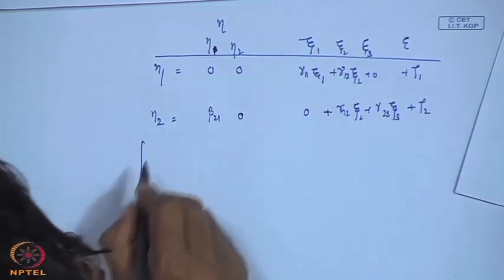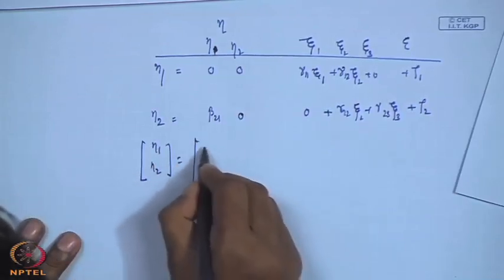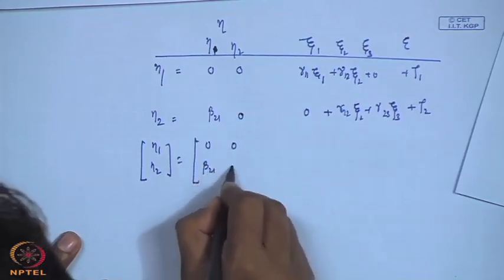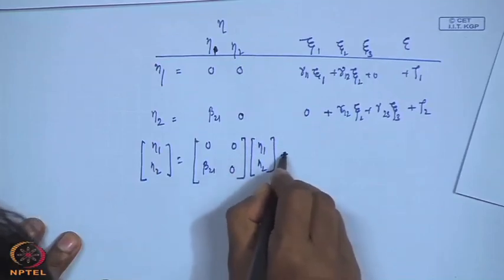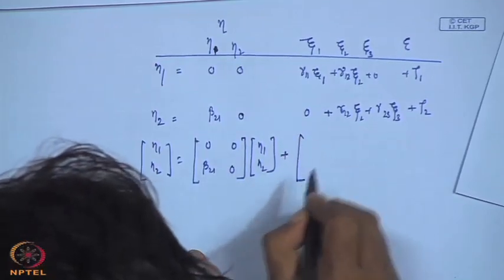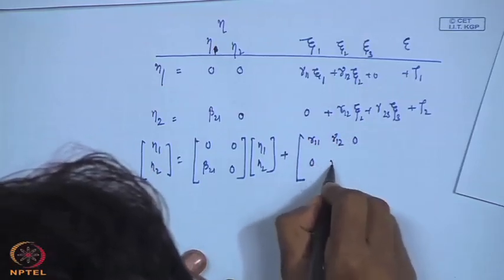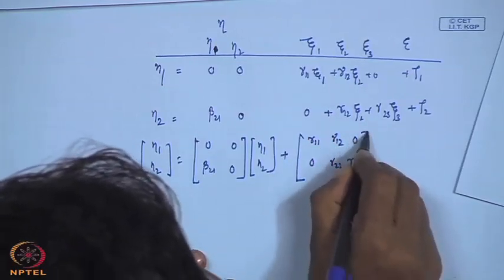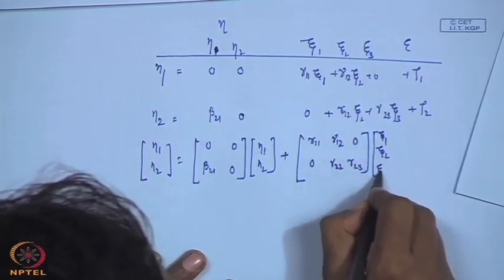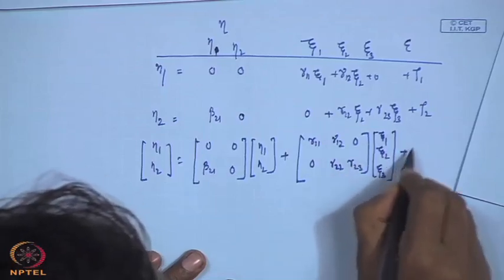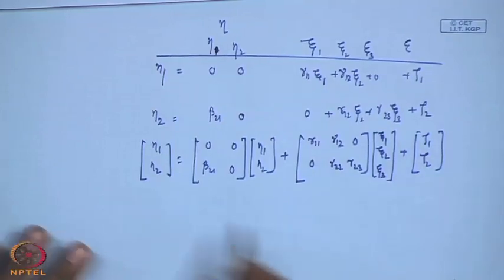Then what is your matrix? Eta 1, eta 2 equal to 0 0 beta 2 1 0 times eta 1 eta 2, plus gamma 1 1 gamma 1 2 0 0 gamma 2 2 gamma 2 3 times xi 1 xi 2 xi 3, plus zeta 1 zeta 2. That is my structural part.